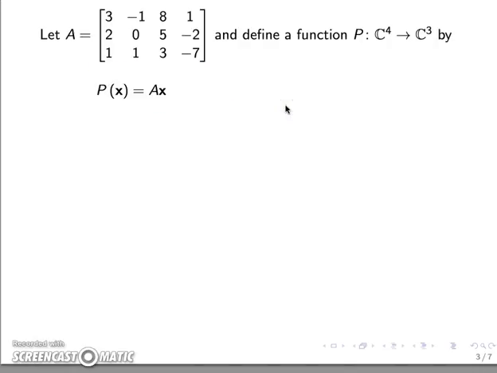So we define the function taking a vector x as input, and the definition of that function is precisely the matrix vector multiplication.